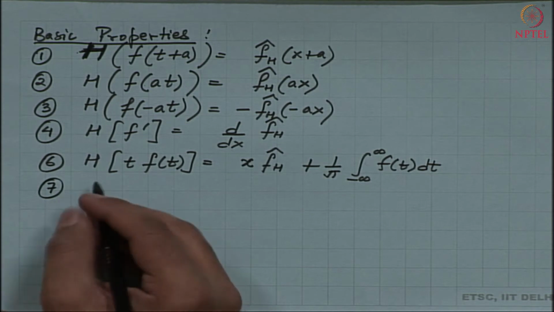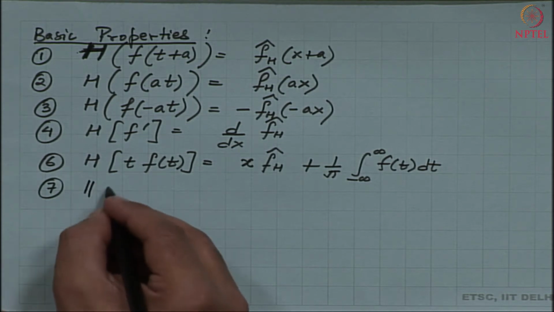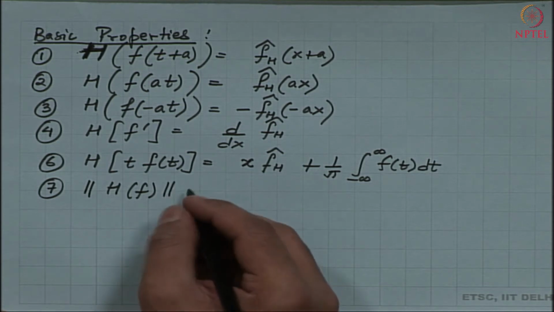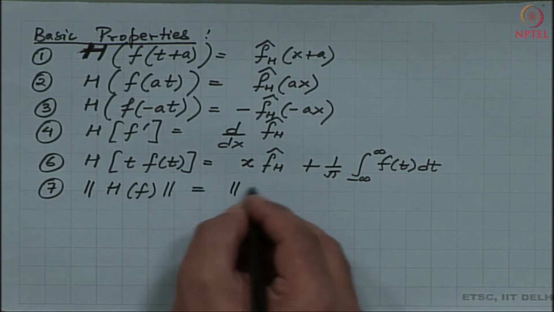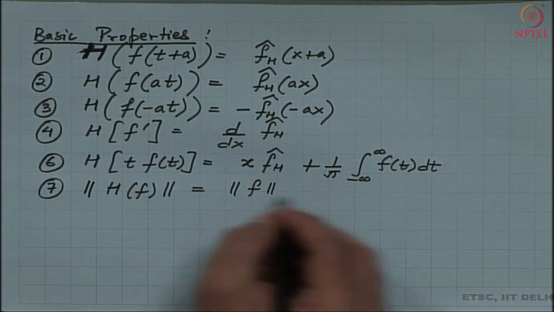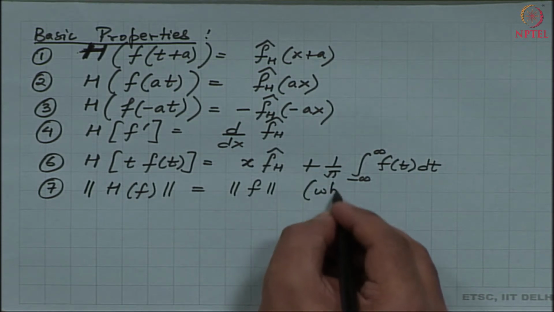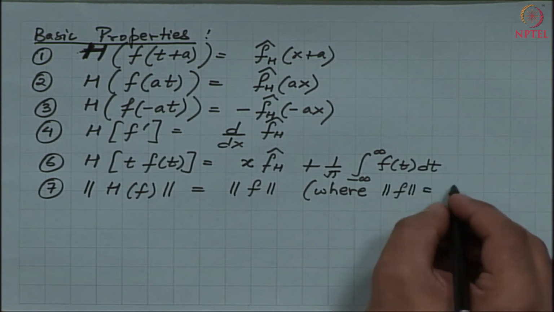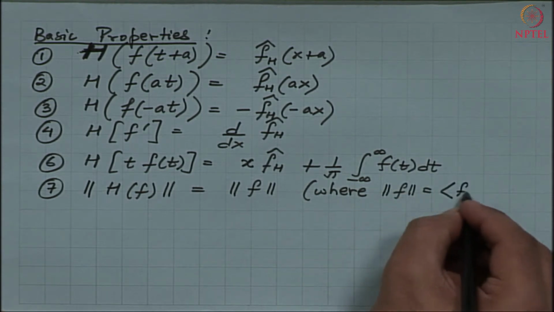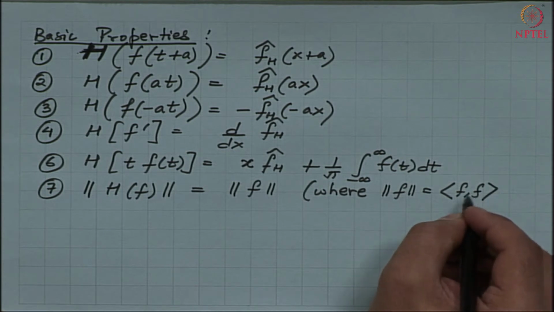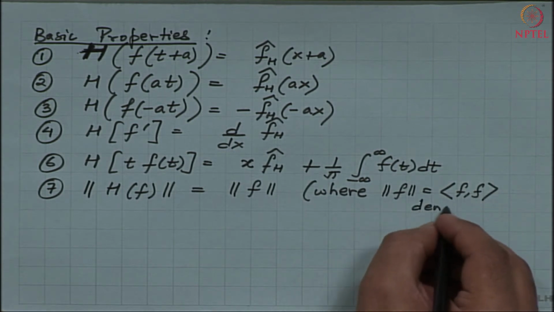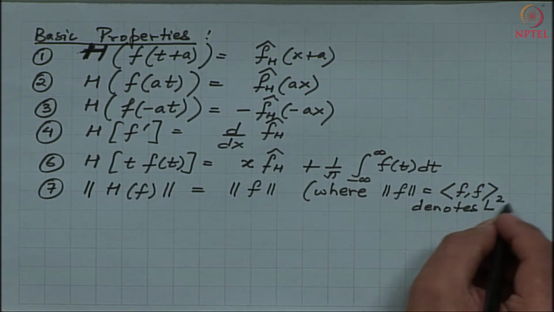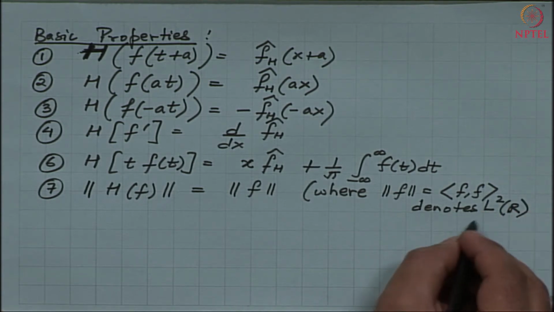The seventh property shows that the norm of the Hilbert transform is also equal to the norm of the function, where I define the norm by a so called inner product in the L2 sense, that is, the square integrable function sense, square integrable over R.